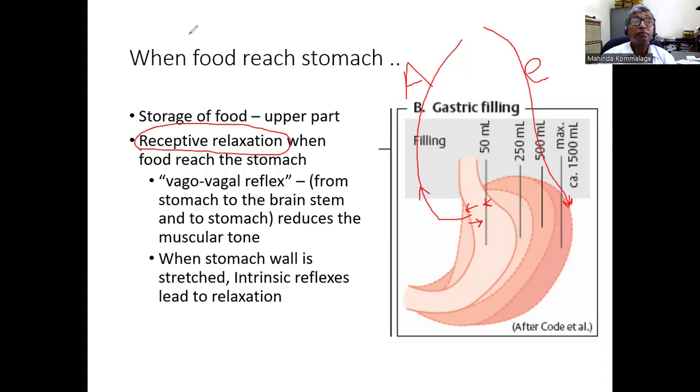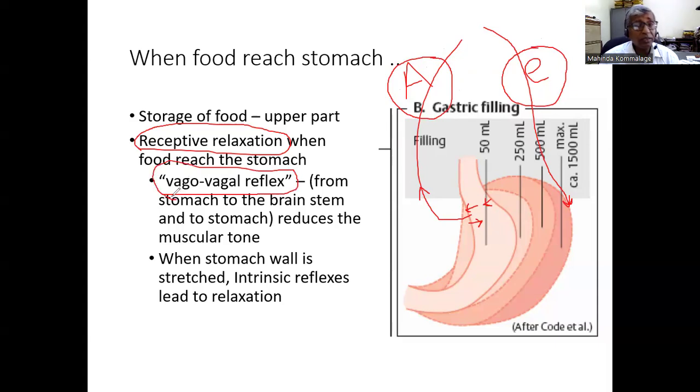Vagus nerve. Yes, correct. So this afferent goes through the vagus nerve, and efferents also come through the vagus nerve. Therefore, this reflex is also a vagovagal reflex.